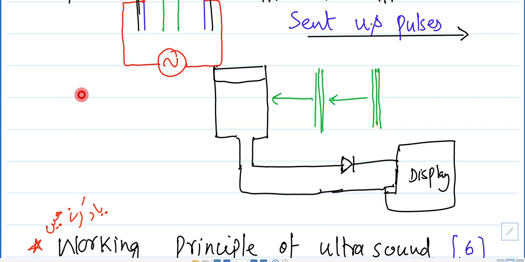Then here a pulse is generated, and all these pulses are sent. Meanwhile, when the doctor brings it back, the ultrasound pulses reflect back through the body and come back to this receiver.